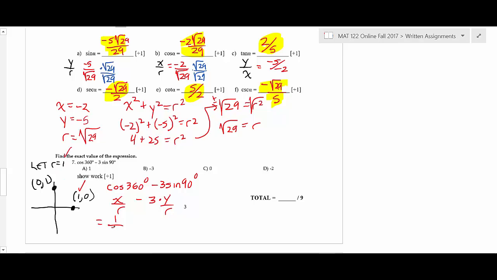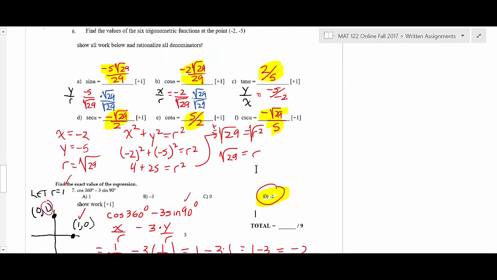We let r be 1, so the cosine of 360 is 1. Then we go to 90 degrees. See, the sine is the y value. Okay, that's y is 1. So we'd have 1 over 1 like that. So what you'd have is 1 minus 3 times 1 equals 1 minus 3. So the answer to that problem should be negative 2. Okay, so those should be the answers that you get on that page then, okay?